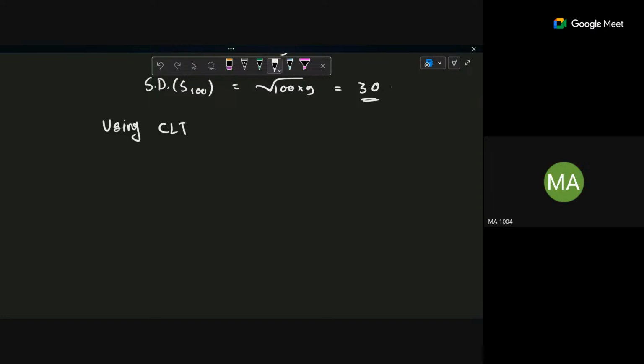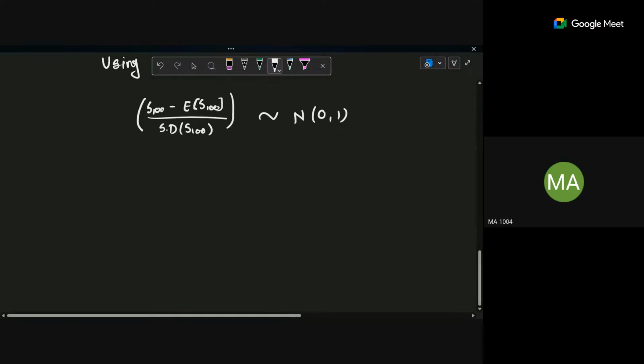S100 minus expectation of S100 divided by standard deviation of S100 will follow a normal distribution, right? This is given by CLT. Now, why are we able to write this? Because S100 is following a normal distribution with mean and variance, this one.